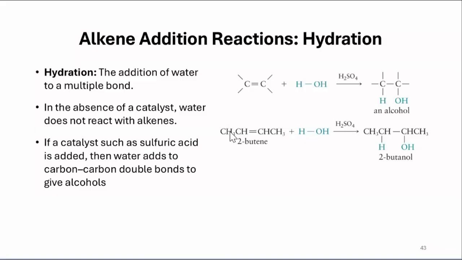Next, we're going to look at the reaction that is called hydration. And this specifically will be the addition of water to an alkene. So in this class, we only look at hydration reactions when we start with an alkene. In this reaction, when we look at the overall reaction, how it happens, an alkene is going to react with water and sulfuric acid.